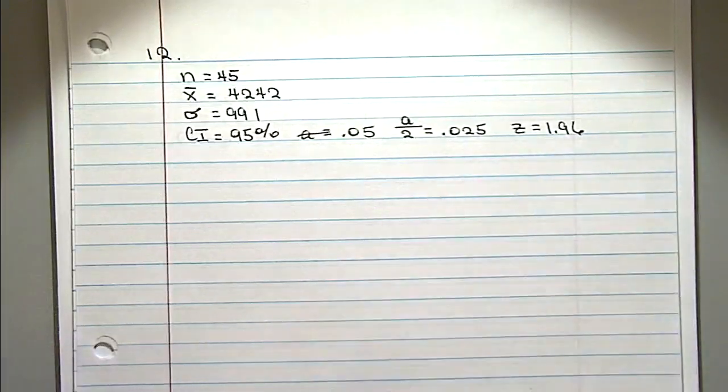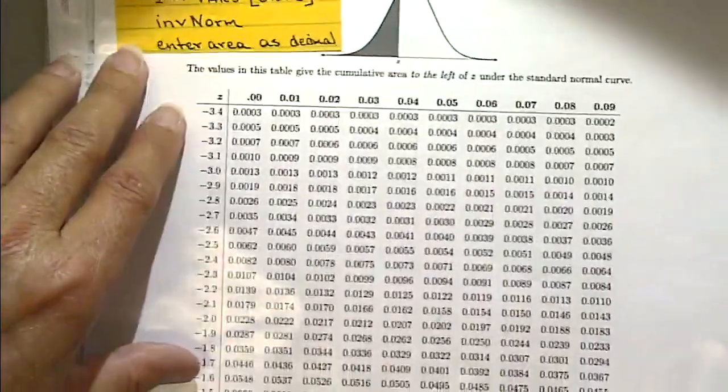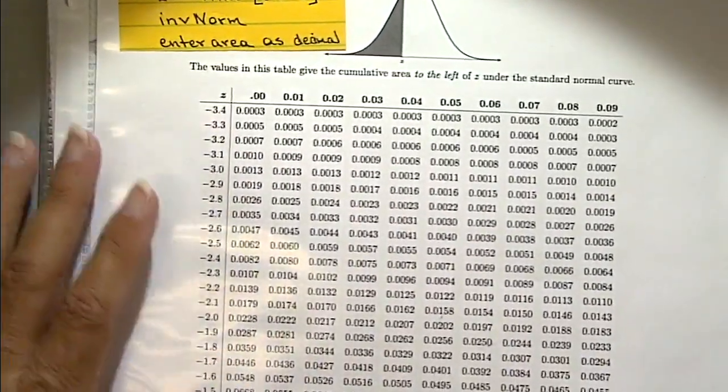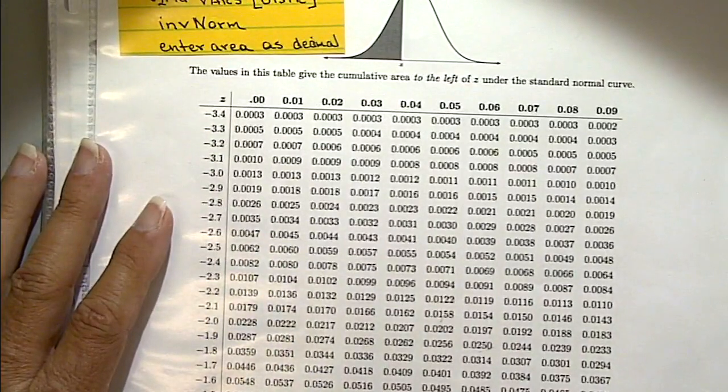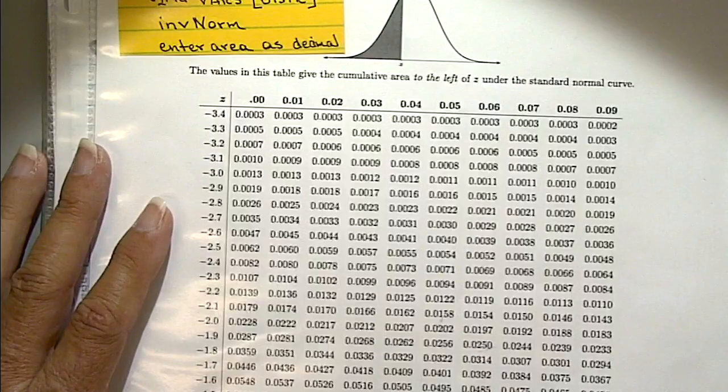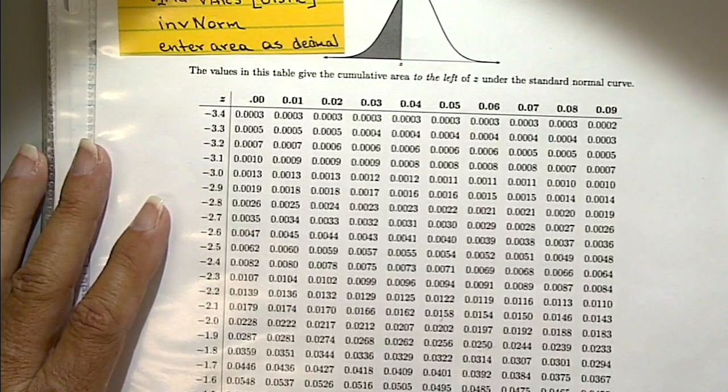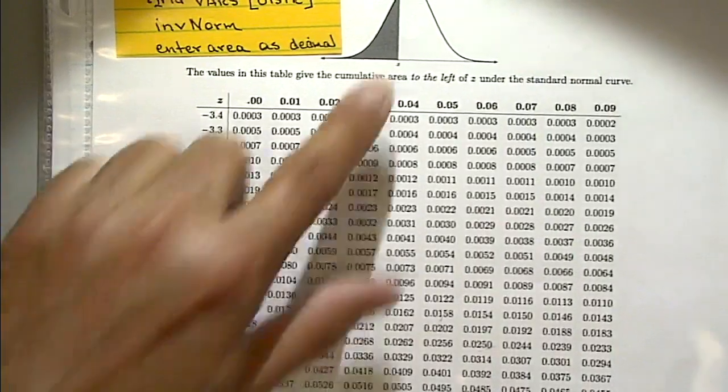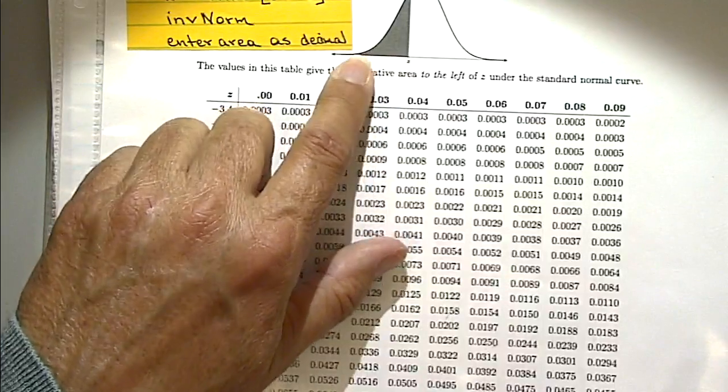Now, it's easy to find that one, and we've done it so many times for that particular z-score that I almost don't even look it up anymore. But let me show you that on this particular test, you will not need the positive side of the z-table. Hint, hint, okay? You're only going to need the negative side. Every question that is asked is going to use an area that's in the tail, okay? If you're looking up an area in the tail, that's always going to be on the negative side.